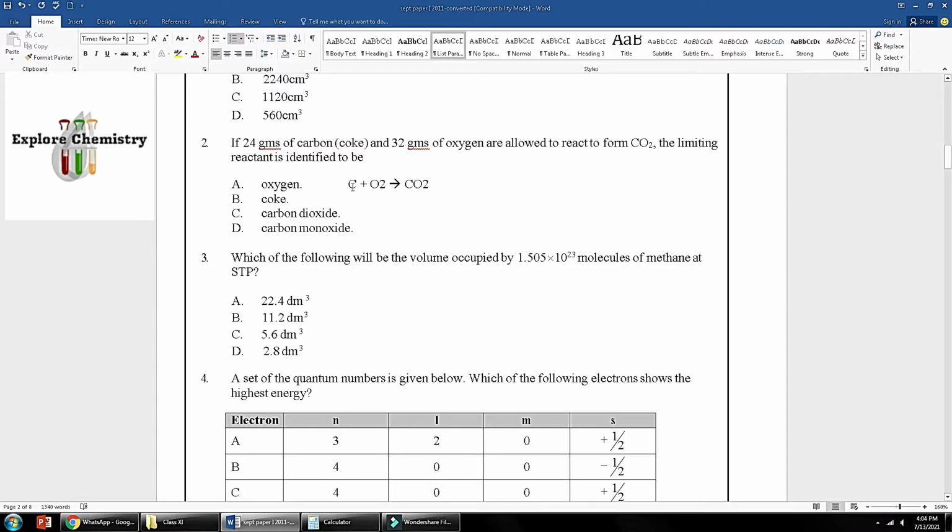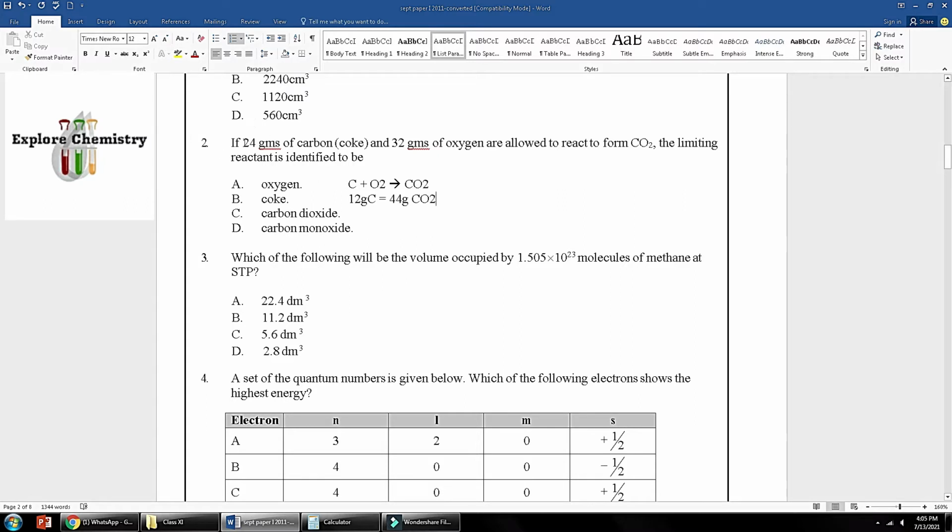According to this equation, 12 gram of carbon, which is the mass of carbon, is producing 44 gram, which is the molar mass of carbon dioxide.